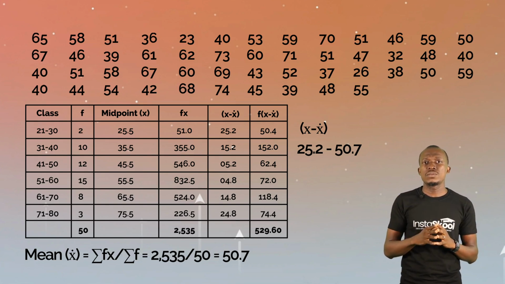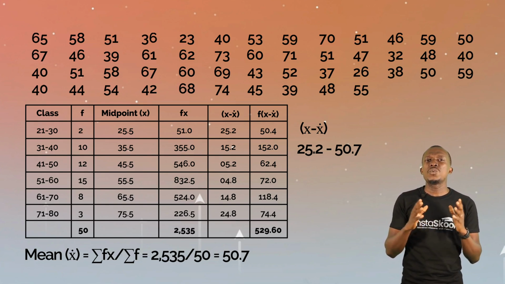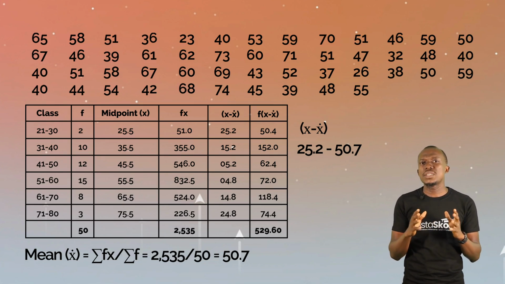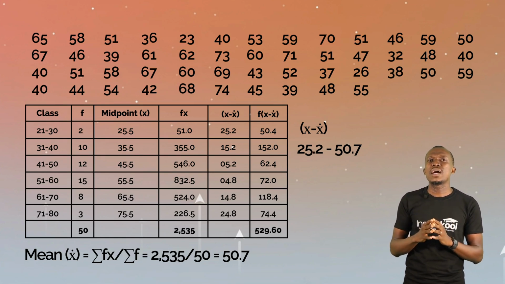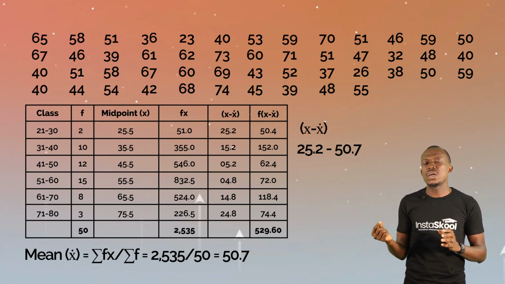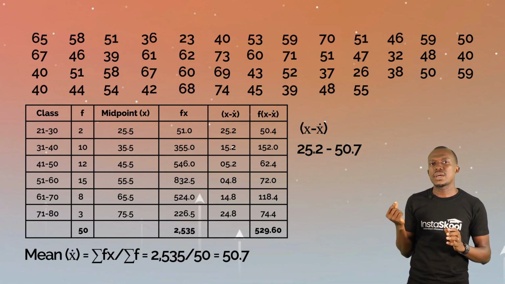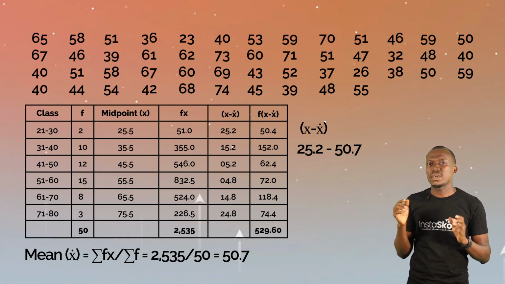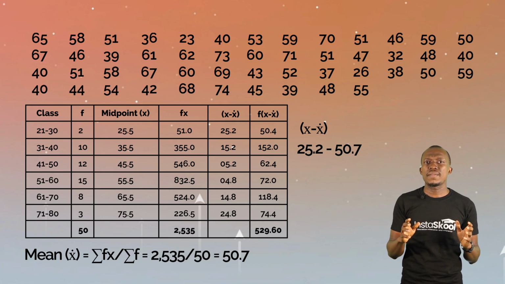When this is done, we'll multiply our frequency by our x minus x bar. Then we add up all our f in brackets x minus x bar. I believe that is clear.